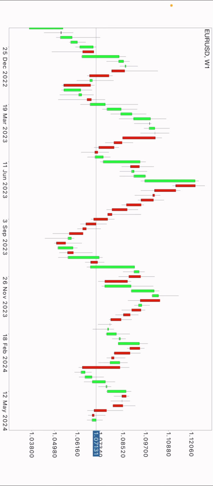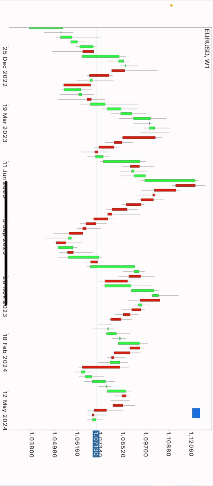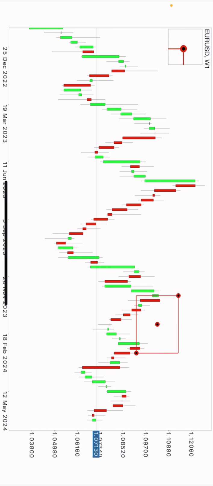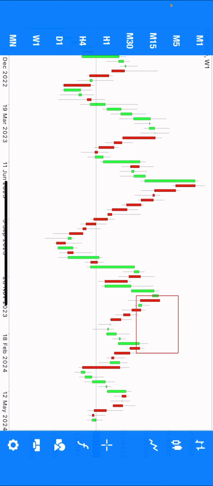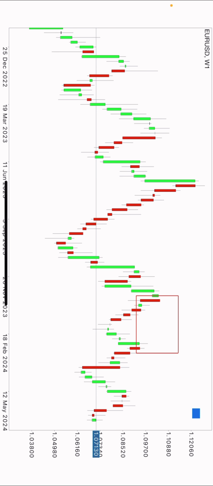So supply and demand and price structure go hand in hand. So without the one, the other cannot exist. Let me show you what I mean. Here's the zone right there, and here's a zone right there.